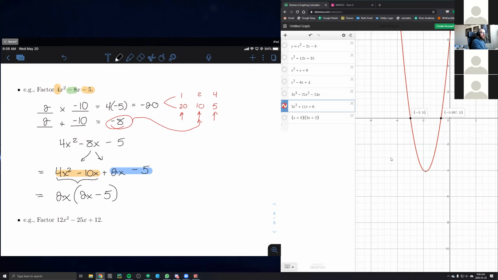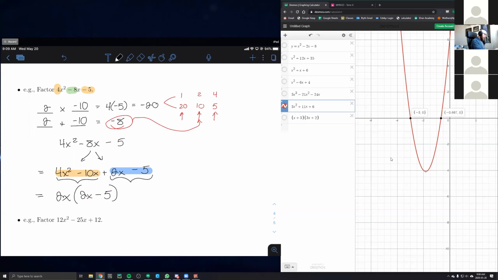And then I do the exact same thing to the last two terms. But I notice maybe a slight issue: there isn't anything in common between them, right? 2 only has two factors, 2 and 1, and 5 only has two factors, 1 and 5. So we can't really do anything there.